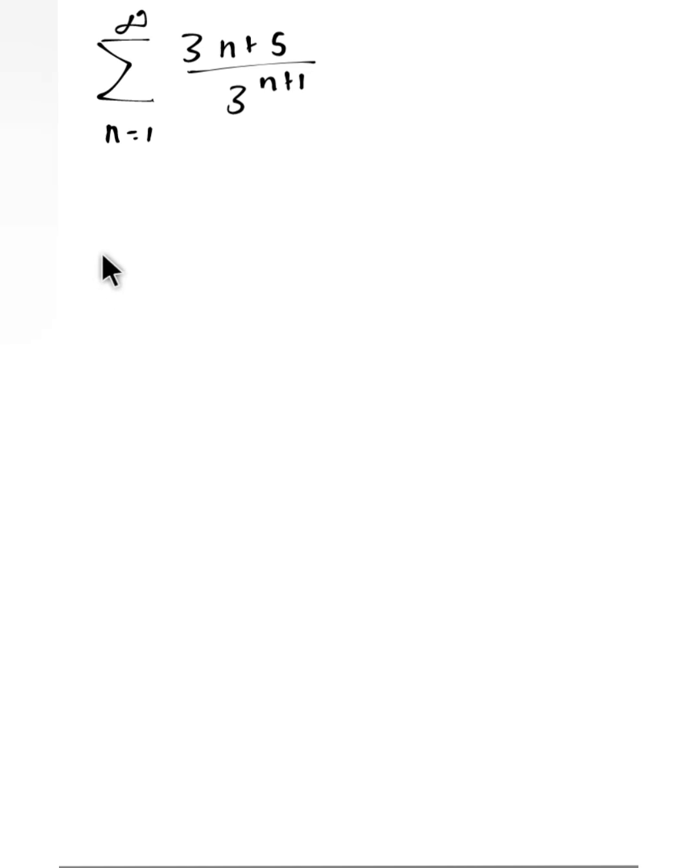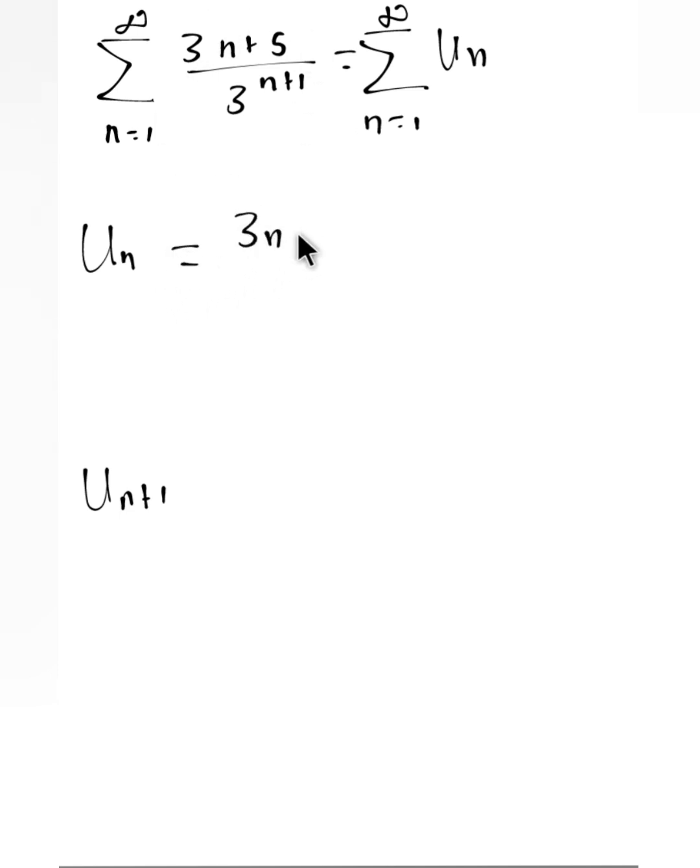Now we need to find two things, which are un and un plus 1. For un, this is the same thing as the summation from n equals 1 to infinity of un. So the entire expression here is un equals 3n plus 5 over 3 raised to power n plus 1. Hence un plus 1: substitute n plus 1 in place of n.